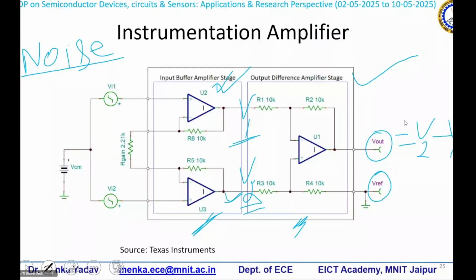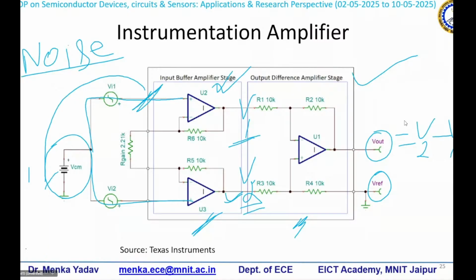In order to find out V1 and V2, you just take into consideration this one and this one. Here, the common mode input is going to the positive terminal of this and the positive terminal of this. If I want to find out the input over here, just apply KVL from this to this, and you will find the input at the positive terminal of U2.